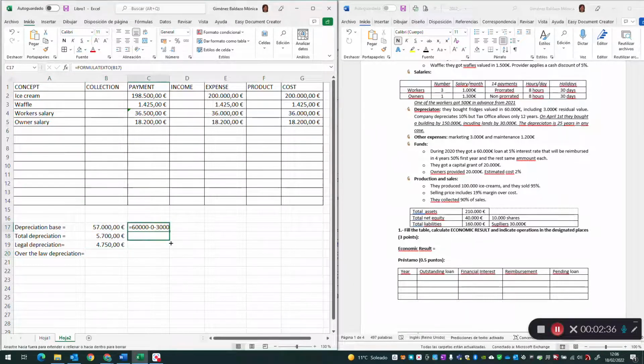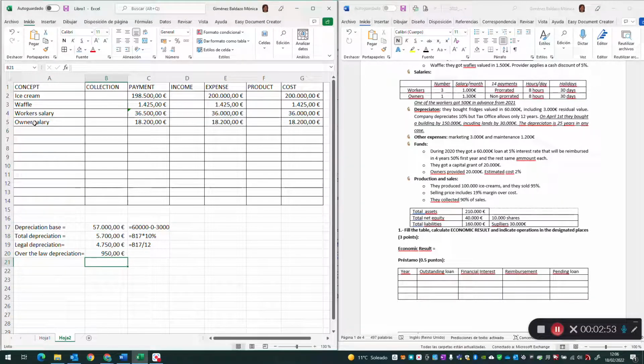So you see, whenever you have a percentage, you multiply. Whenever you have the number of years, you have to divide. And in any case, over the law depreciation is total depreciation minus legal depreciation. So that will be the amount.